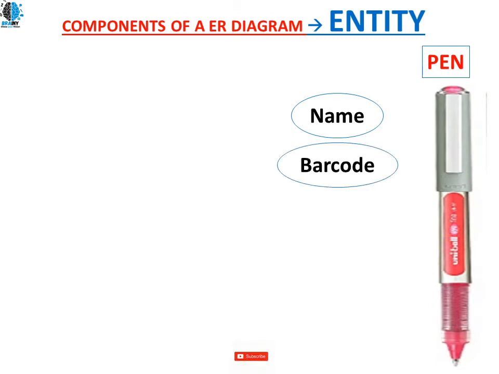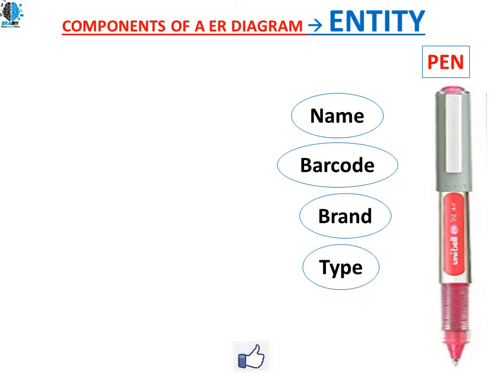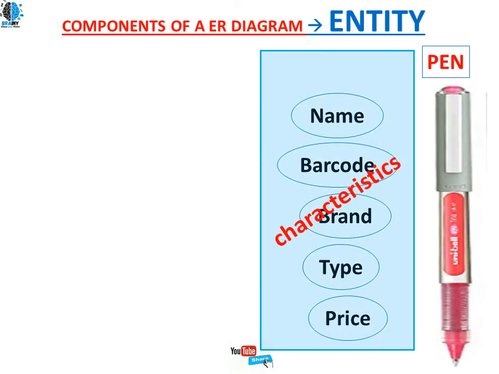Every pen will be having a barcode or a pen ID. Every pen will belong to a certain brand, like Parker, Reynolds, Rotomac. Every pen will be having its own type, like ball pen, ink pen, gel pen, etc. Every pen will be having its price based upon its type and brand. All these are the characteristics of the pen.